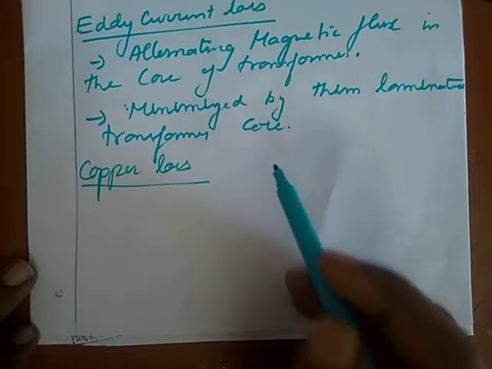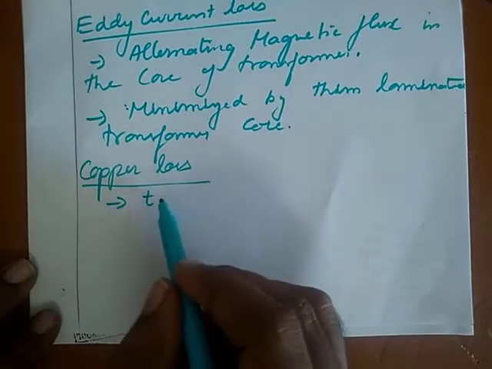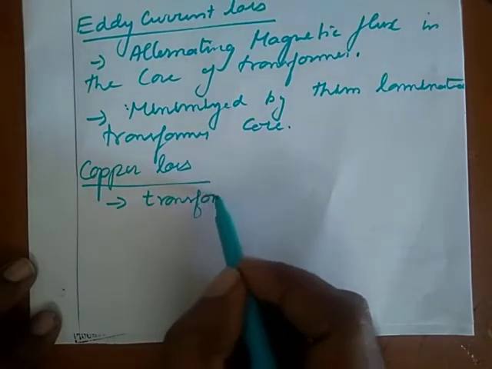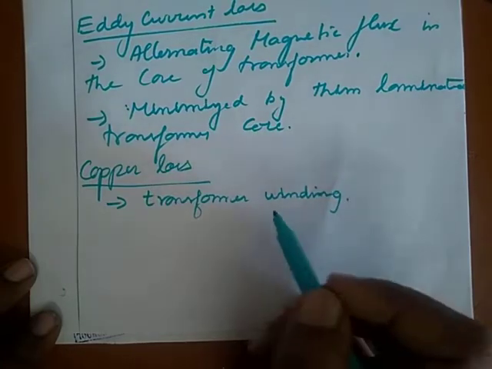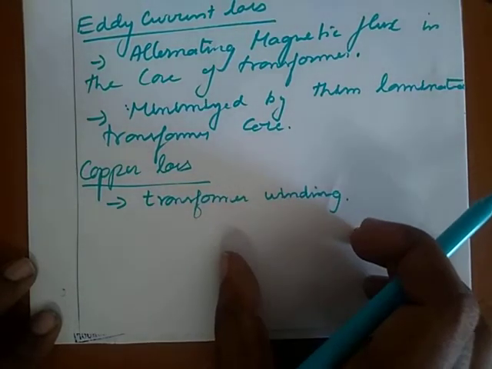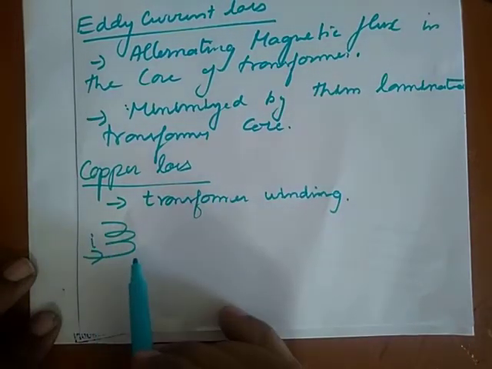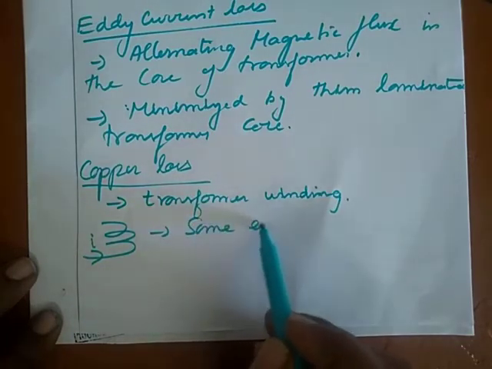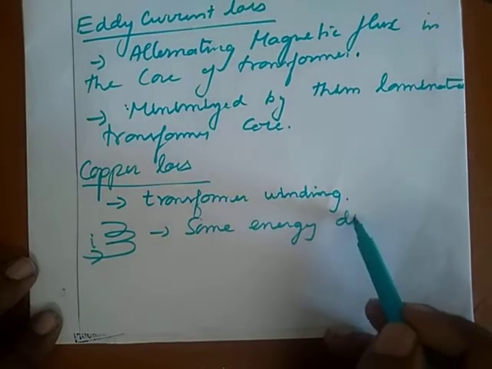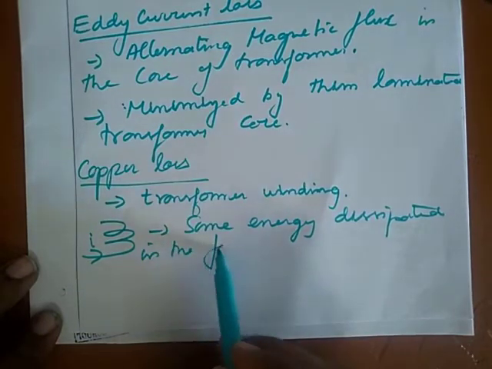Okay, the next one is copper loss. This loss takes place in the transformer winding. Okay, this transformer winding has electrical resistance. If suppose the current I is flowing through this winding, some energy is dissipated in the form of heat.